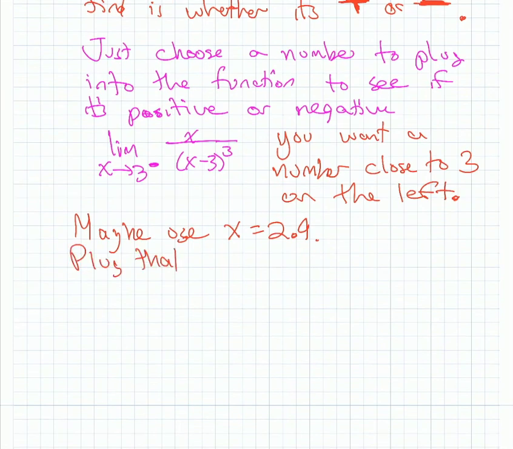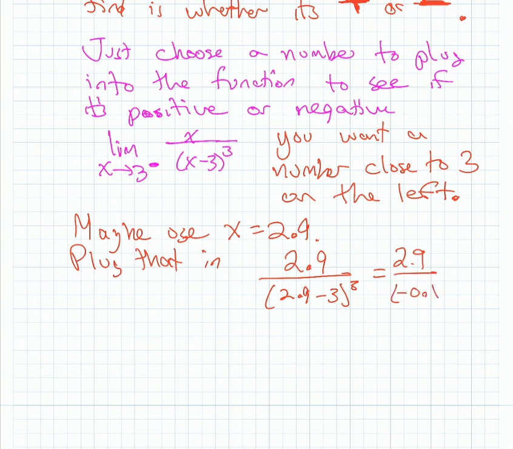Plug that in and you get 2.9 over 2.9 minus 3 to the 3, which is 2.9 over negative 0.1 to the 3, which is something. Let's find out.